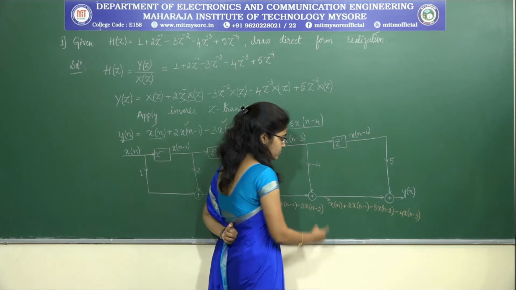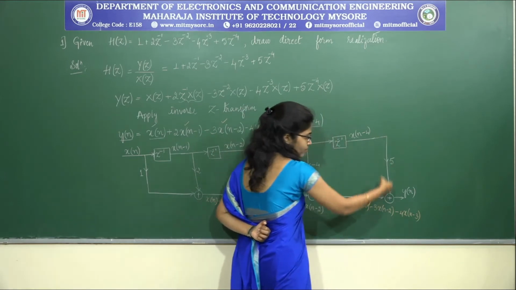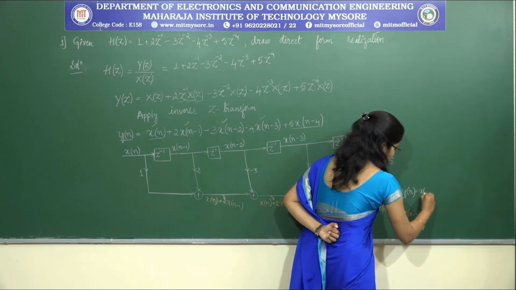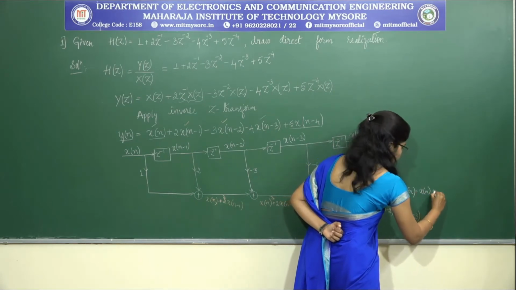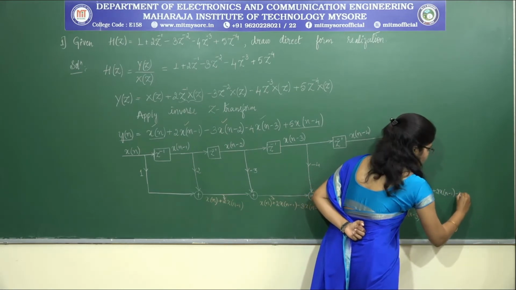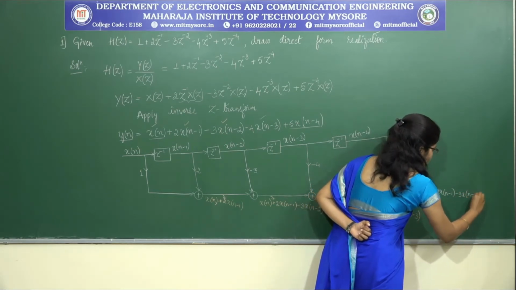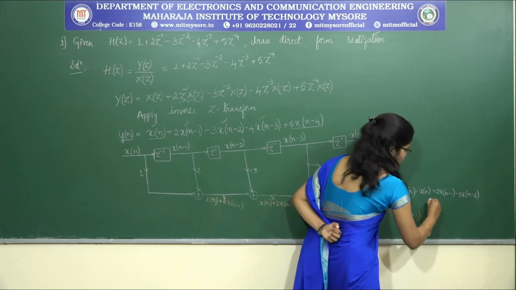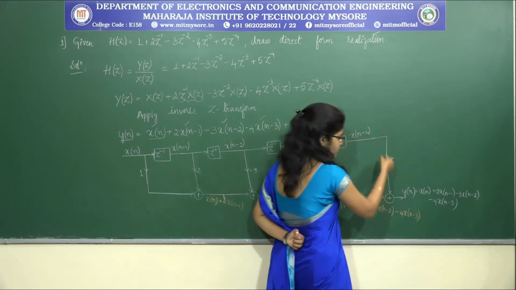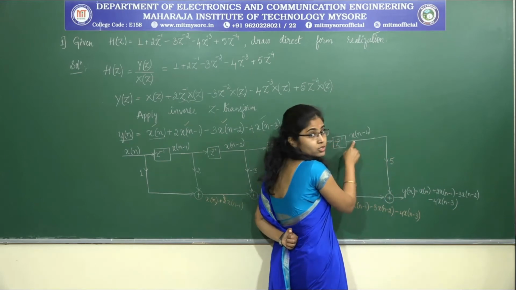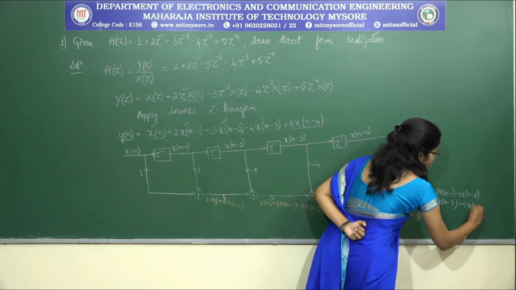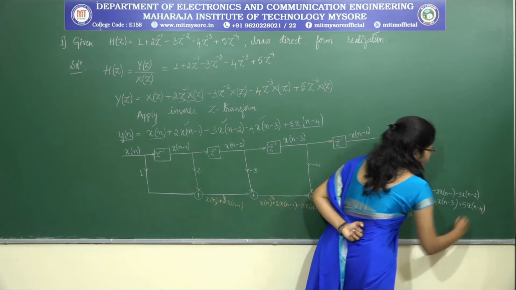What is y(n)? It is nothing but this one plus this one. So the expression for y(n) will be x(n) plus 2 into x(n minus 1) minus 3 into x(n minus 2) minus 4 into x(n minus 3). From this branch we are getting 5 into x(n minus 4).